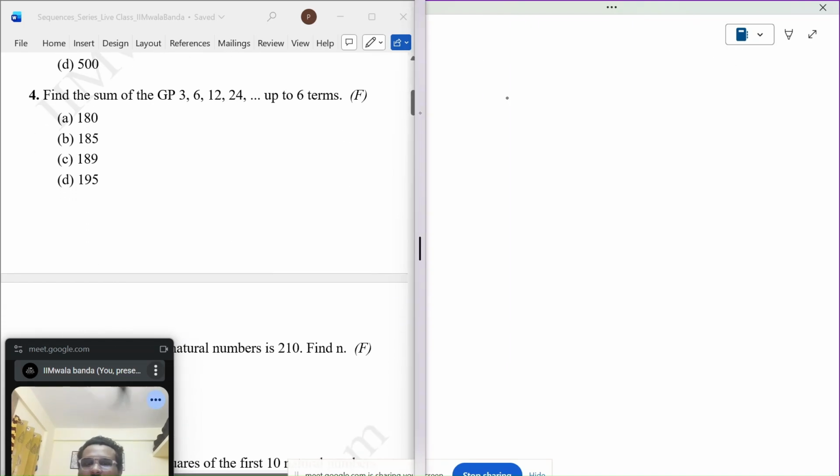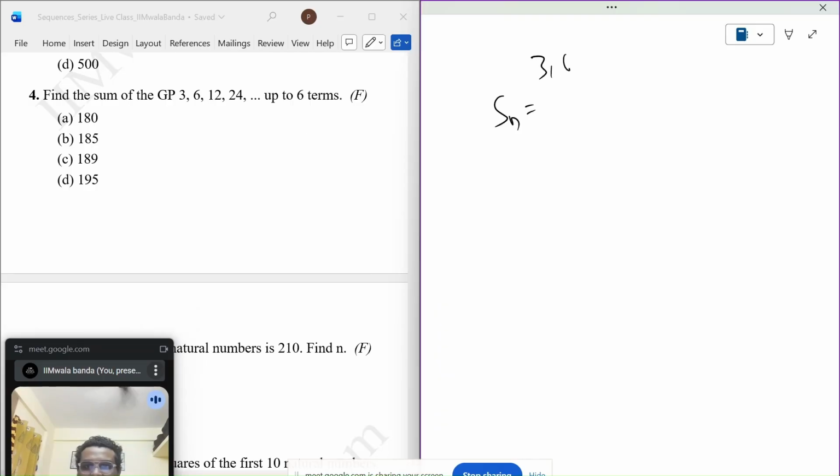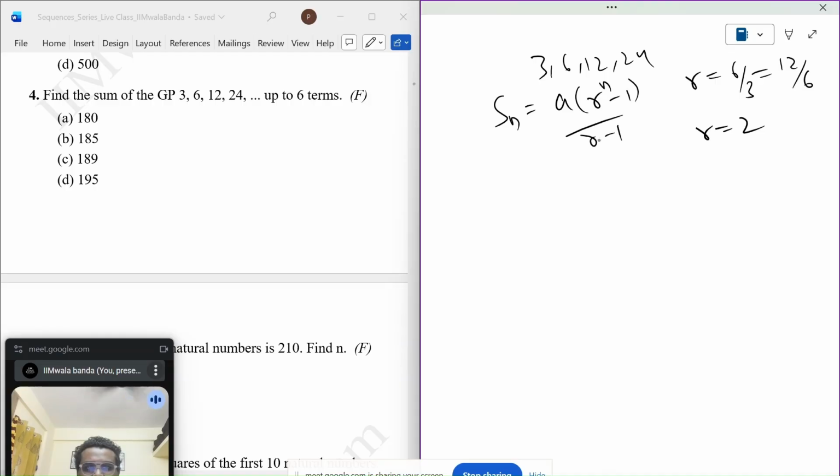Find the sum. Again, the sum of n terms we just learned. Here r is basically 6 by 3 or 12 by 6. You can take any two, usually even the first two will work. So r is 2 and a is 3. Let's write the whole formula: a times r to the power n minus 1 upon r minus 1.